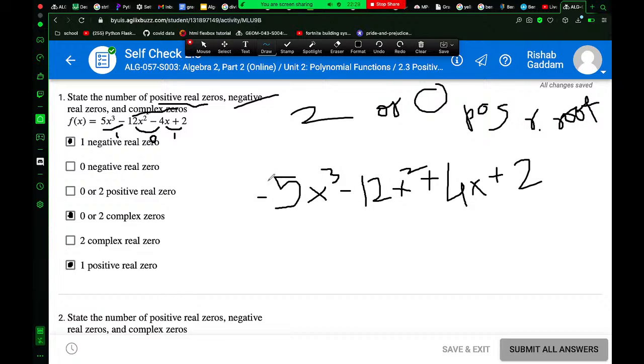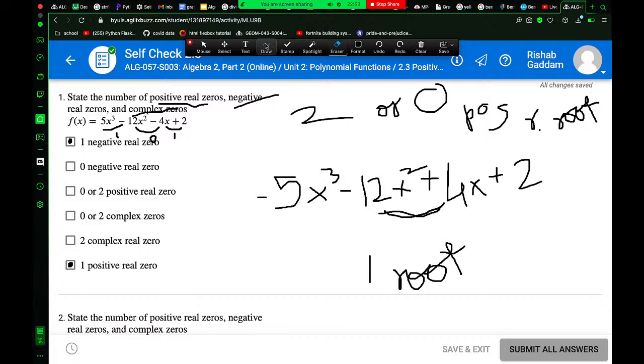So yeah, that's pretty cool. And from this you can tell the number of negative real zeros, and that's 1 root. So that means you're not going to have 0 or 2 complex zeros.